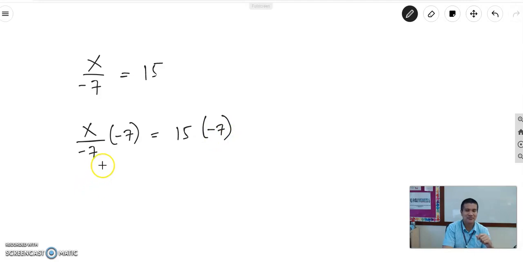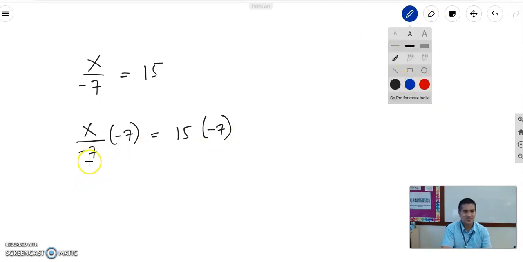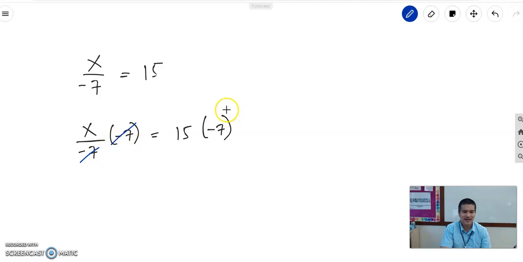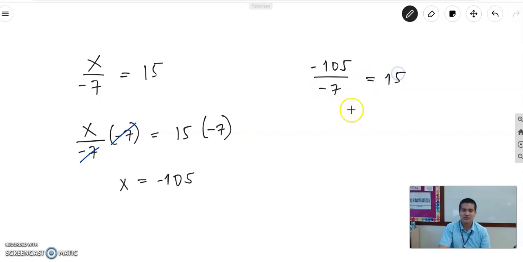Now x is equal to negative 105, since negative times positive becomes negative. To check, negative 105 divided by negative 7 equals 15, so 15 equals 15. This one used multiplication.